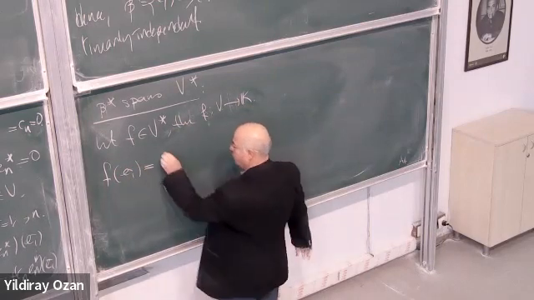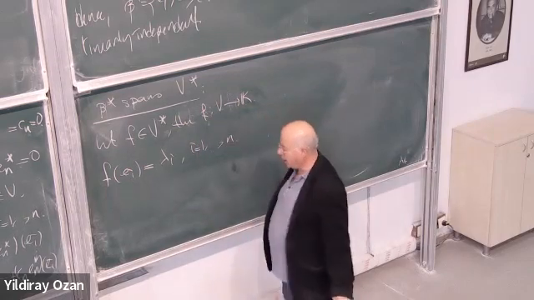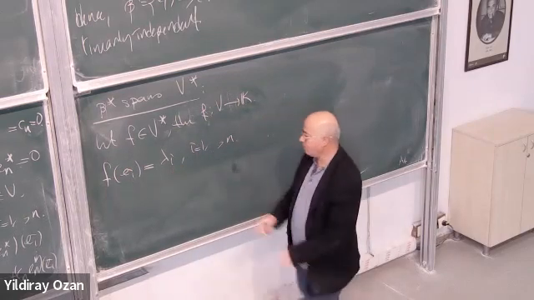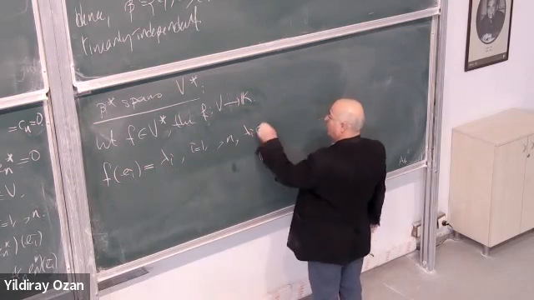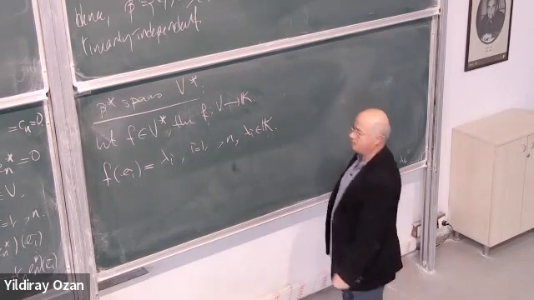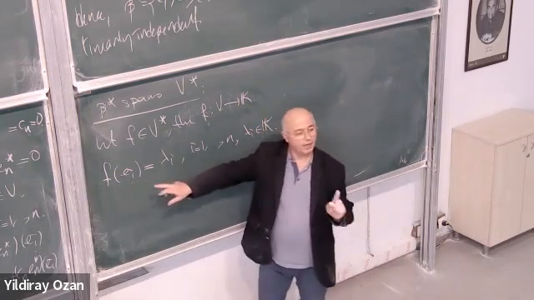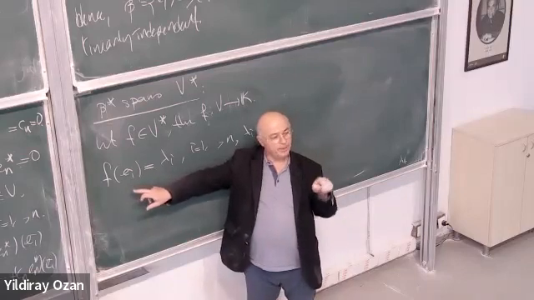Let this number be lambda I, from 1 up to n, for some lambda i's in K. And I compute F at the basis elements.